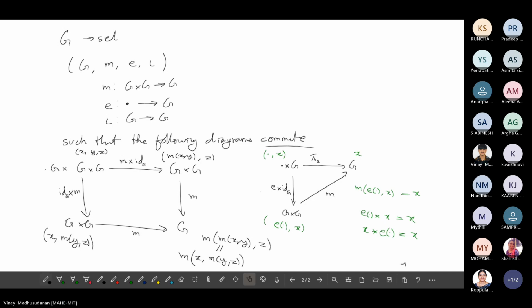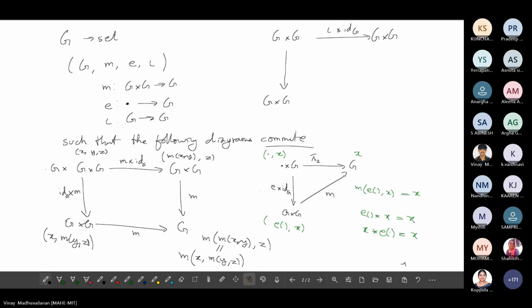Okay. Is that signature correct? If I do I cross IDG, that takes me from G cross G to G cross G, because both I and identity function are maps from G to G, correct? So that works. And what is the other one I can do?